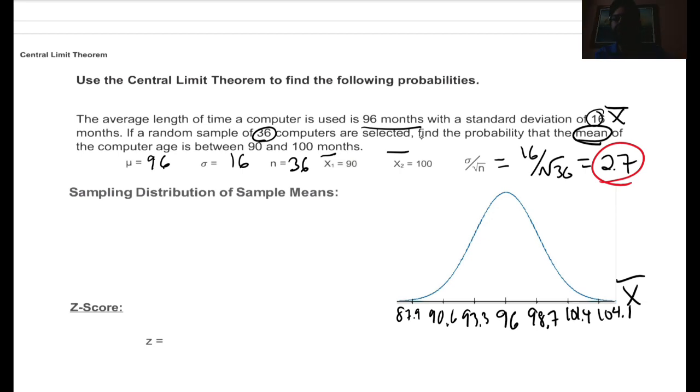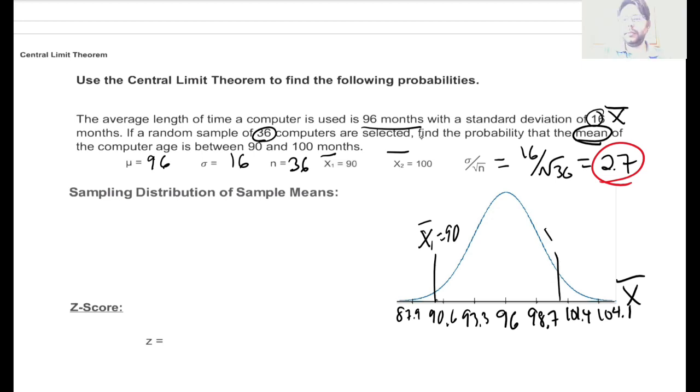So now we're interested in the probability that the mean is between 90 and 100. So 90 is around here. So that's my x bar 1, which is 90. And 100 months is around there. So x bar 2 is 100. And we're going to shade in between those.